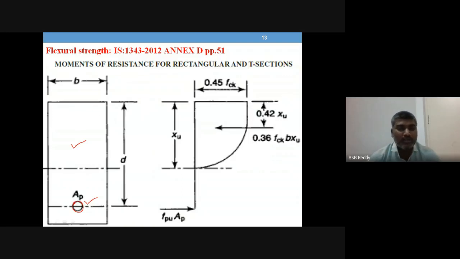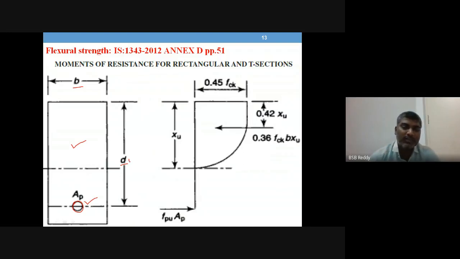The cross section dimension is B and the effective depth is d, not the overall depth, capital D. The terms remain the same as what you learned in RCC. Capital D means the overall depth of the beam from top fiber to bottom fiber, whereas small d is the effective depth, which is the distance between the topmost compression face to the location of steel.